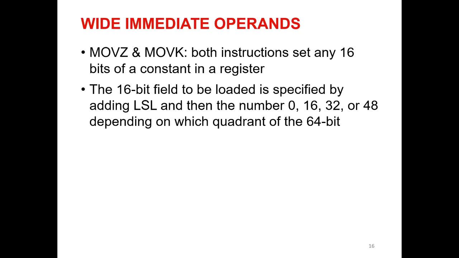If we have a logical shift left 16, we are going to modify from bit 16 to bit 32. If we indicate 32, we will modify the bits from 32 to 48, and if we indicate 48, we will modify the last 16 bits of my 64-bit register.